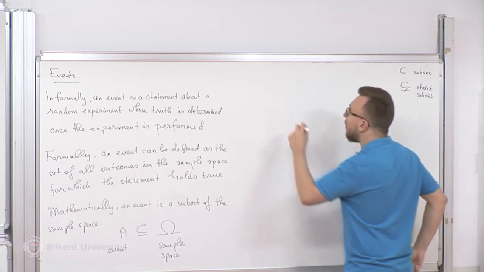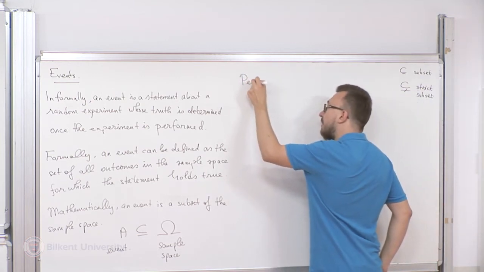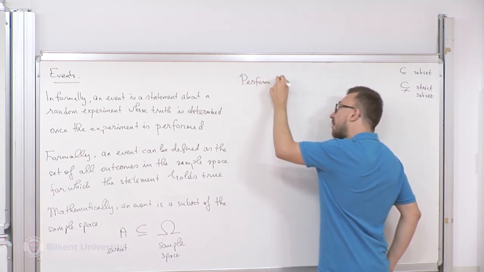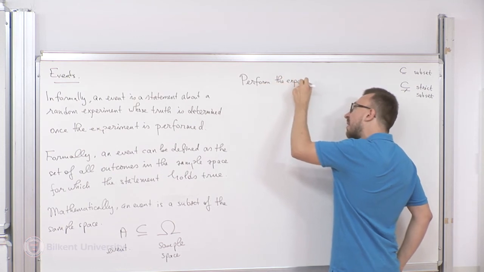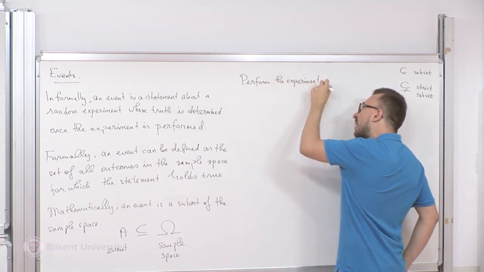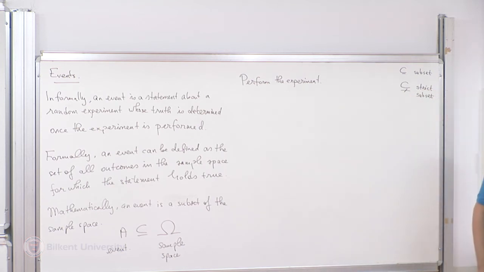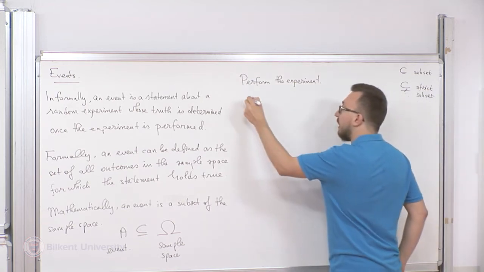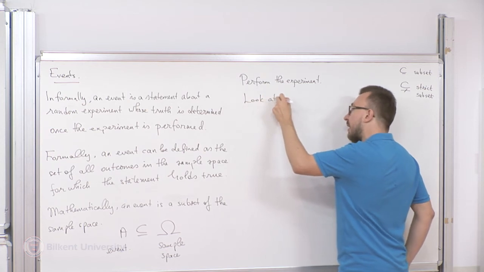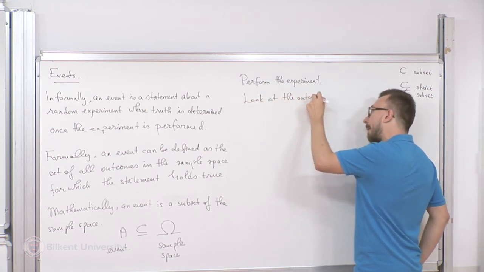In other words, if you perform the experiment, for each of the outcomes, or when you see the outcome, you can tell if the event, if the statement that you're talking about occurred or not. Look at the outcome.